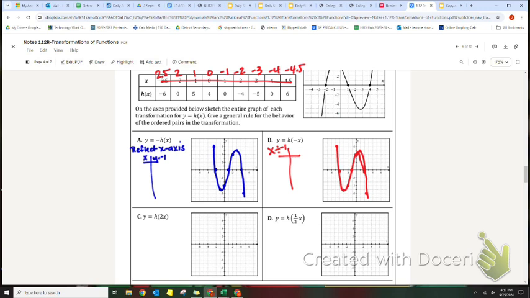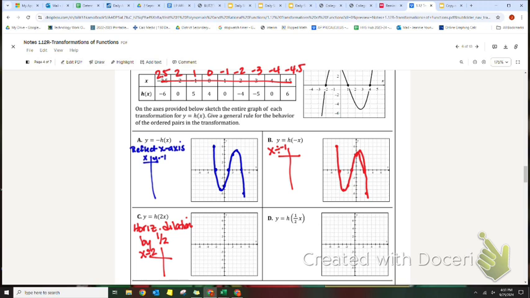All right, C has h of 2x. That 2 is inside with x, so this is going to be the horizontal dilation by a factor of the reciprocal, so 1/2. And so when I go to do my table, I'm just going to take my x's, not times 2, but the opposite, which is divide by 2.